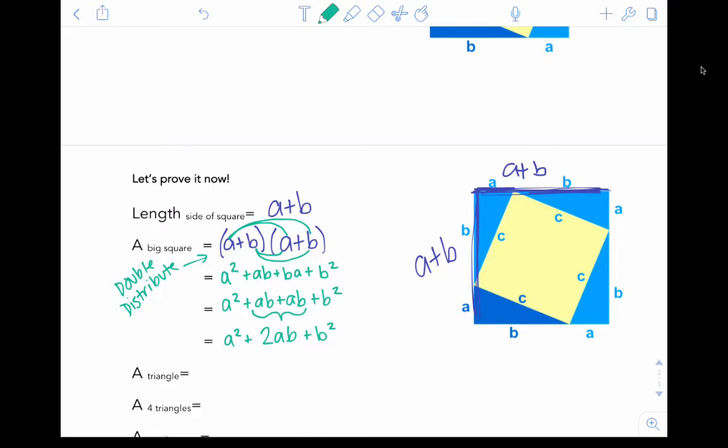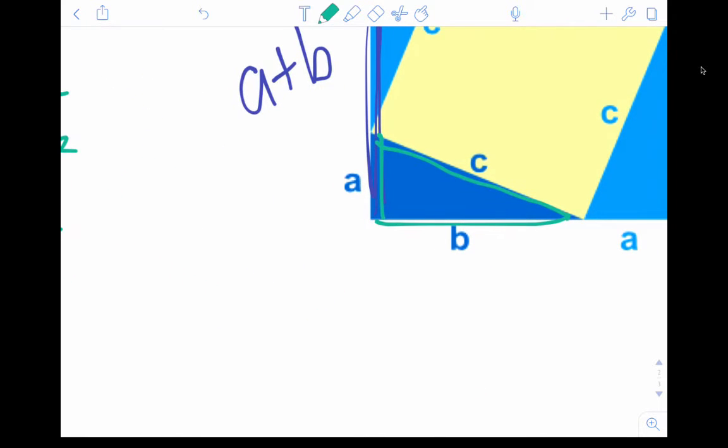My next thing I need to do is find the area of one triangle. If I'm looking at this triangle right here, I'm going to zoom in on it. I know that the area of a triangle is 1/2 base times height.